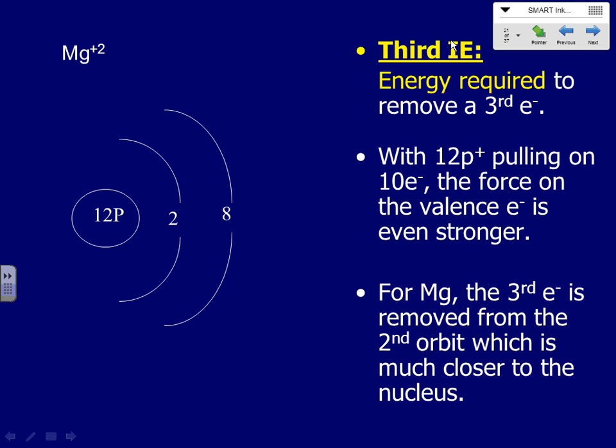So only 2 chlorines can come along, take one, take the other. A third chlorine could come along and bump into it, but the hold on that electron in the second orbit is so strong that chlorine doesn't have a strong enough pull to take it away. So only 2 chlorines can react with 1 magnesium, and we have magnesium chloride.